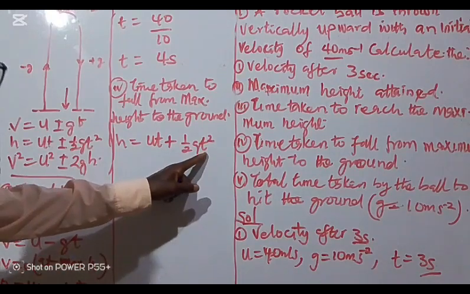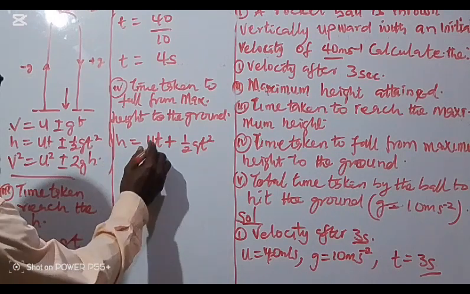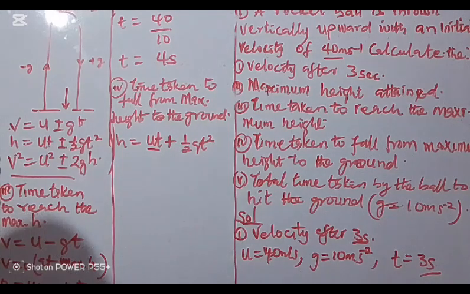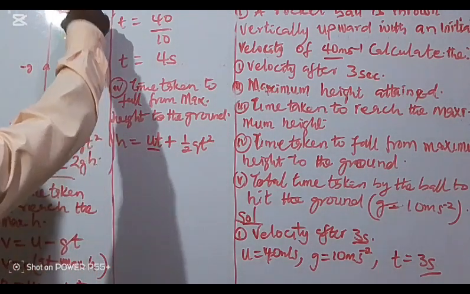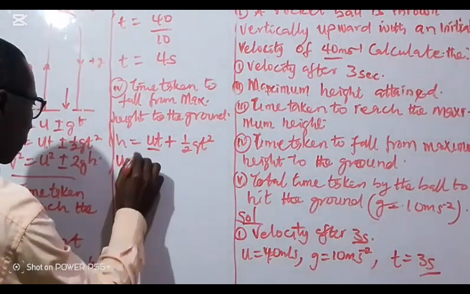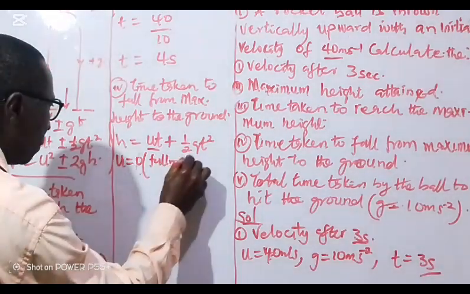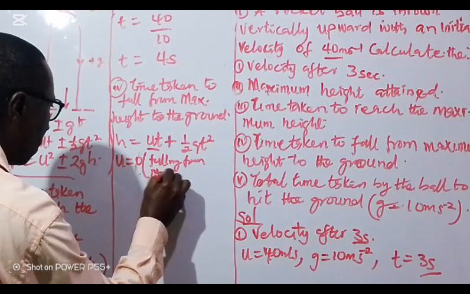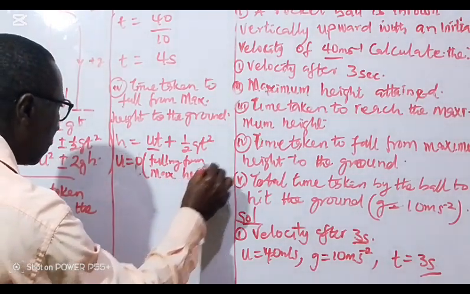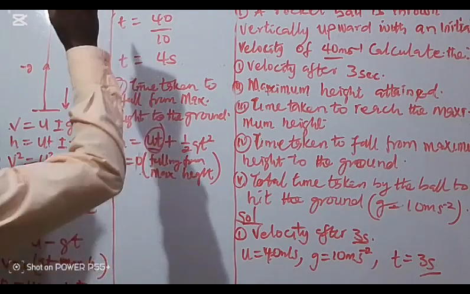What do we need? Time taken to fall from maximum height to the ground. So let's make t the subject of the formula. So our u, according to the explanation during our last lesson, is when the object is coming down from maximum height, u will be equal to 0. If u is equal to 0, then this term will be equal to 0.